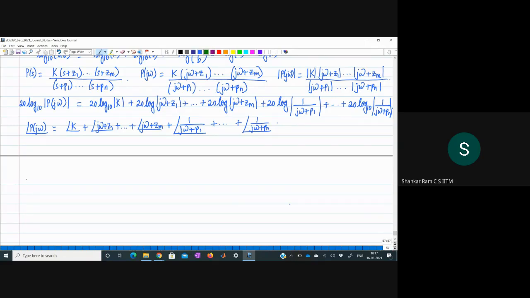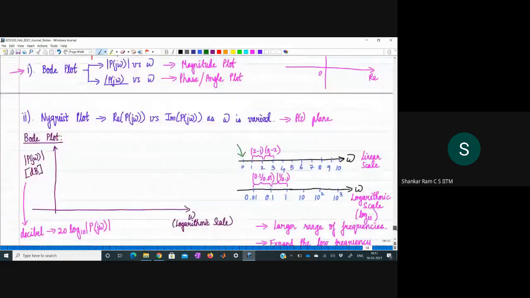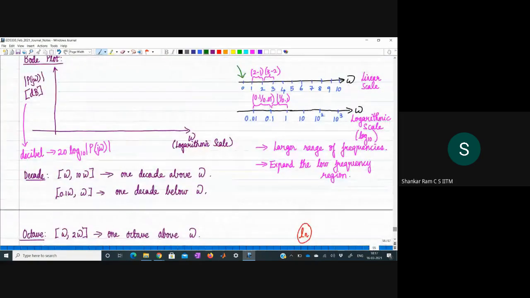So now, if you look at the phase plot, we looked at the magnitude plot first. If you look at the Bode plot, the first plot was the magnitude plot, where we plotted the magnitude of P of j omega versus omega.